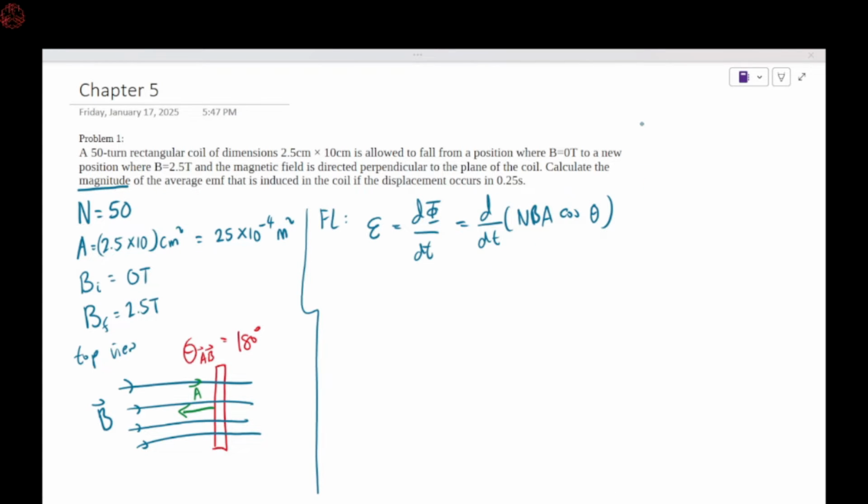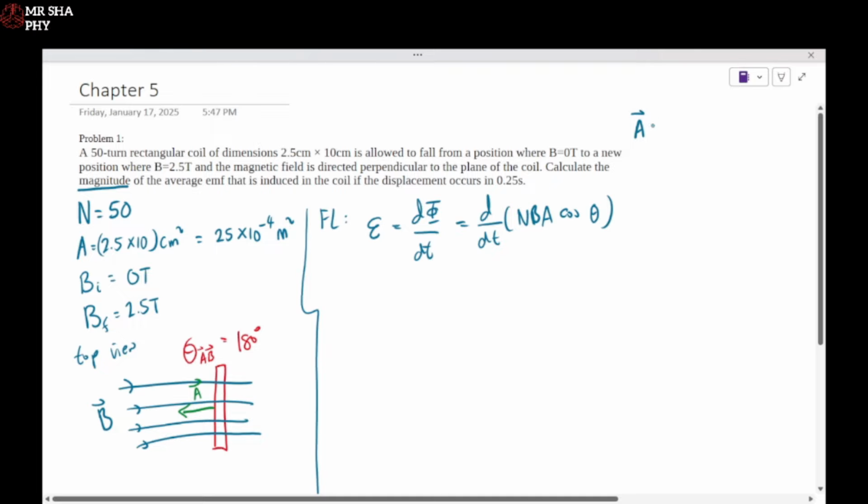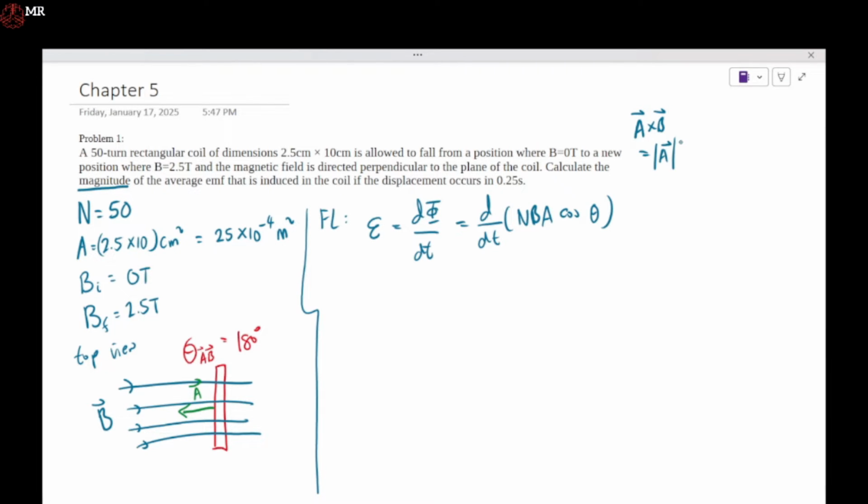I will just write down the notes here. A dot B is equal to the magnitude of A times the magnitude of B times cos theta. It's always useful to have footnotes like this as you go through questions, so that when you revisit those questions, you are reminded of it.